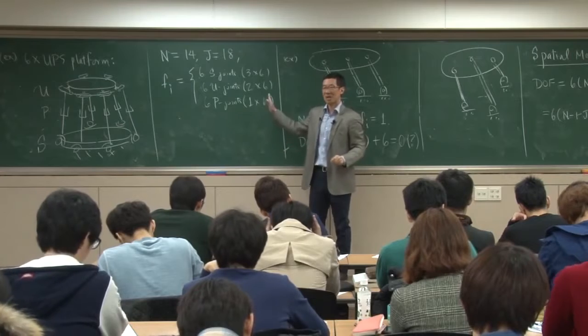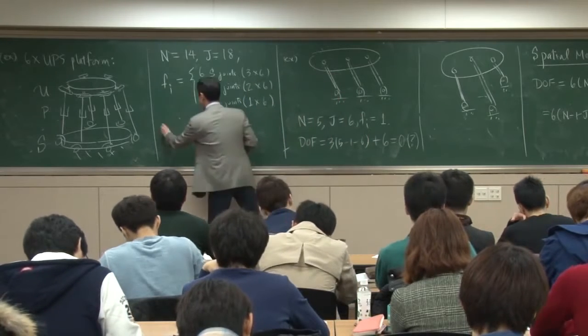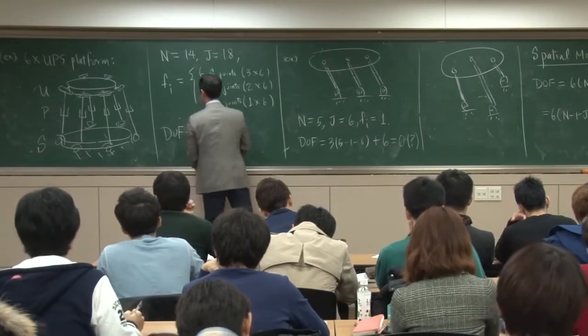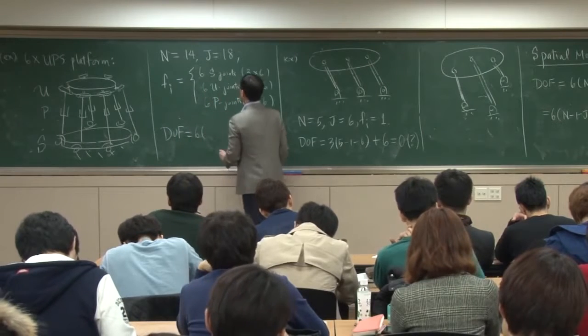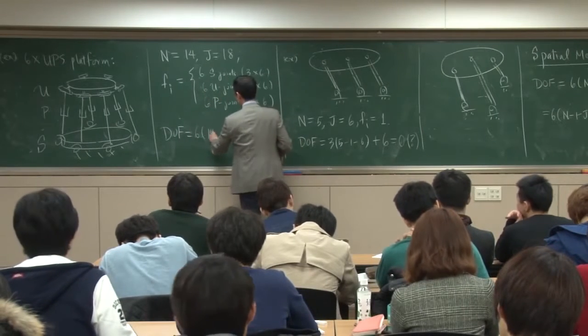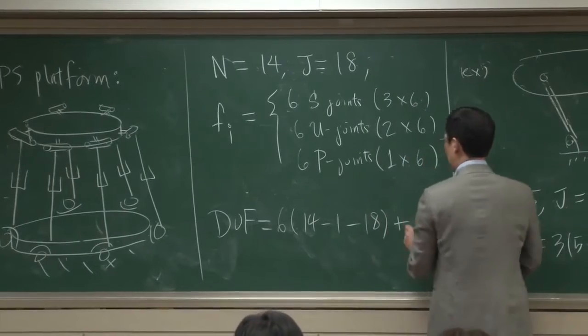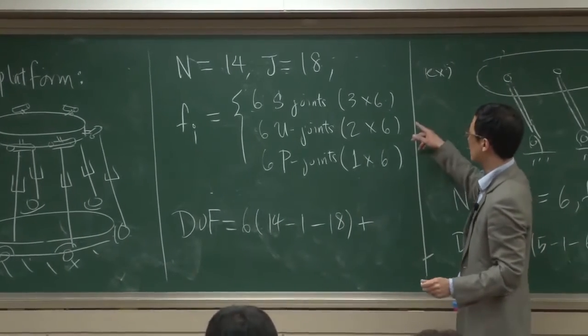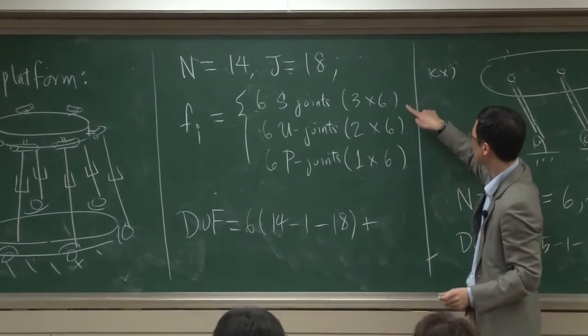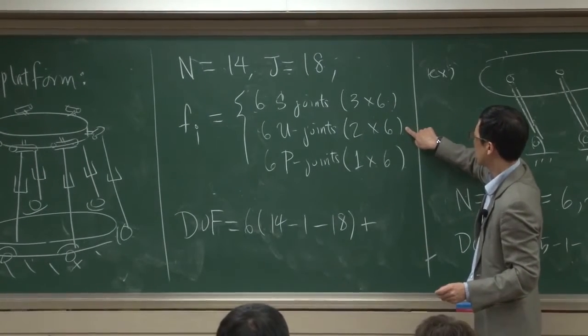So now let's put everything back into Grubler's formula. 6 times n minus 1 minus j, where n is 14 and j is 18, and then plus the total degrees of freedom of the joints. So we have 18 plus 12 plus 6.